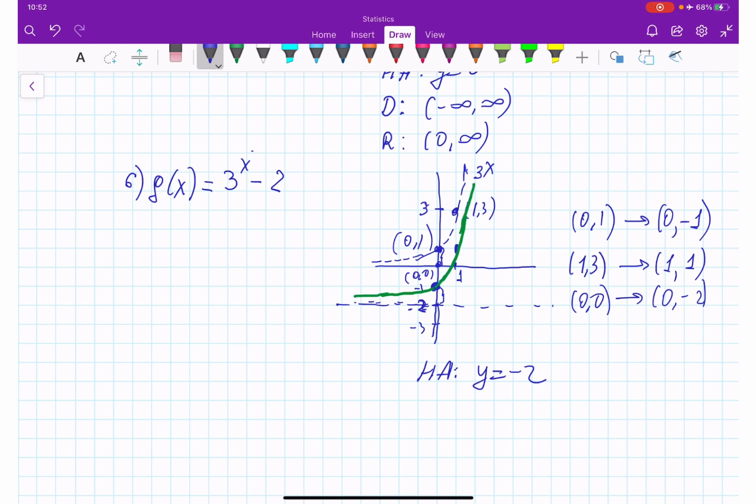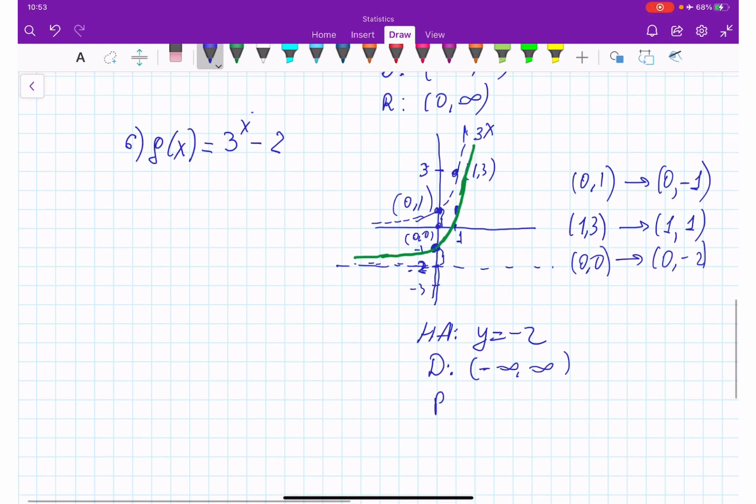Okay? How about domain? No problem whatsoever, same thing, -infinity, +infinity. Now, regarding range, it's a different story. Before it would start from 0, now it will start from, that's right, -2. And all the way to +infinity.